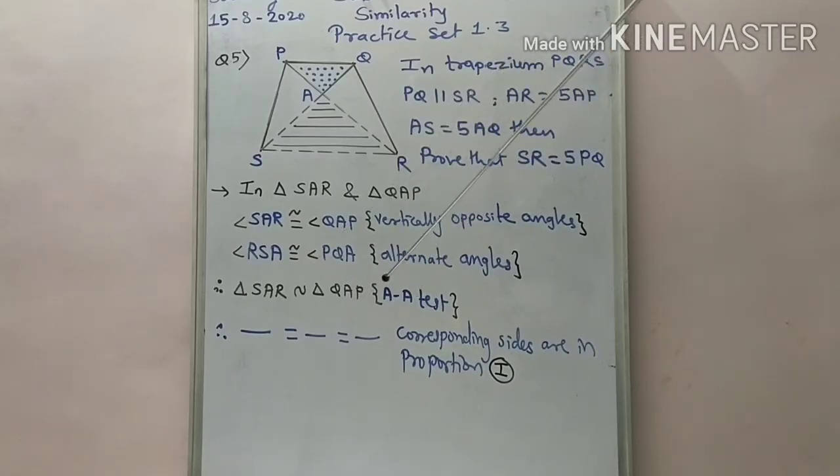Why do we do so? Because we have to prove that SR is equal to 5 PQ. And how do we get this relation? If two triangles are similar, then corresponding sides are in proportion. So here we name the sides which are in proportion, and then we simplify it.